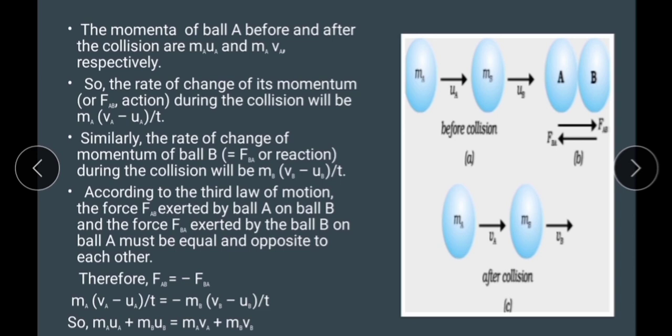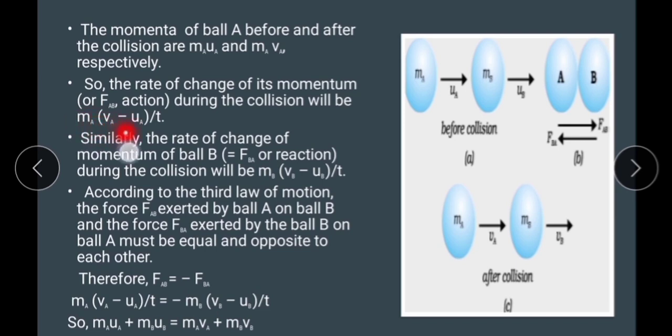And we know, according to the third law of motion, the force FAB exerted by ball A on ball B and the force FBA exerted by ball B on ball A will be equal as well as opposite to each other. So we have written here that FAB is equal to minus FBA.